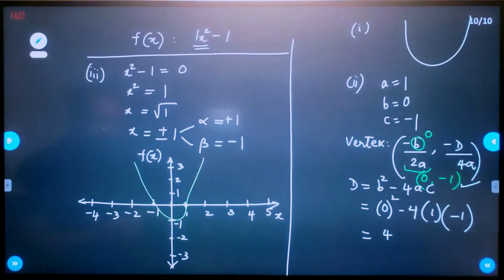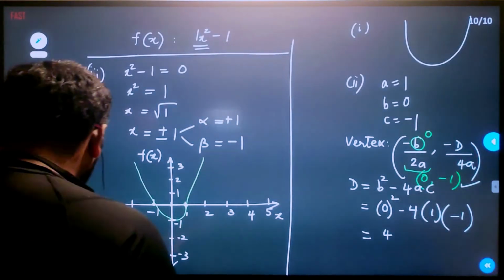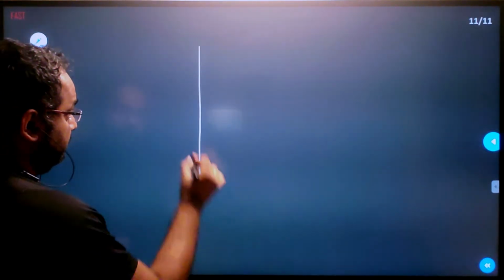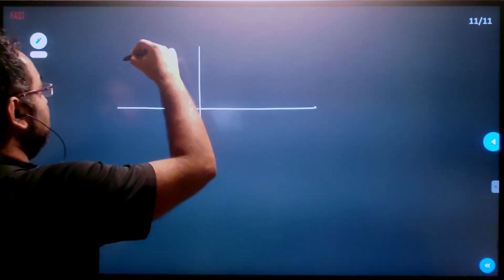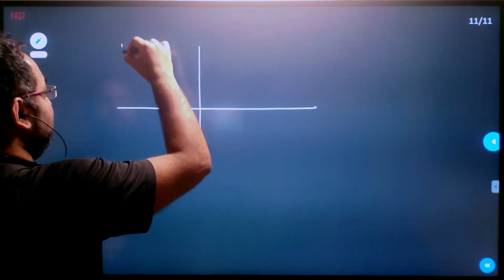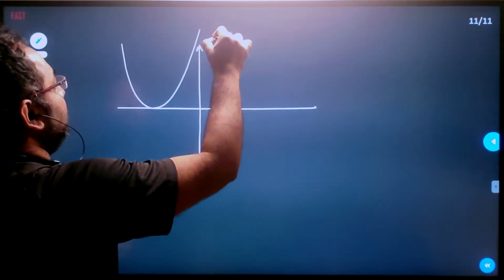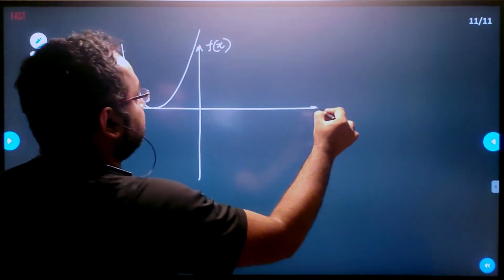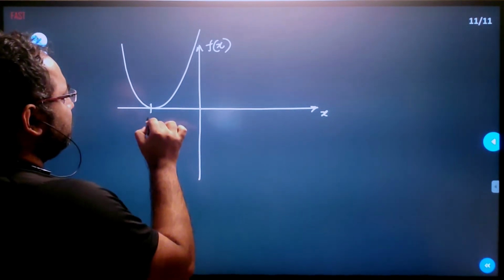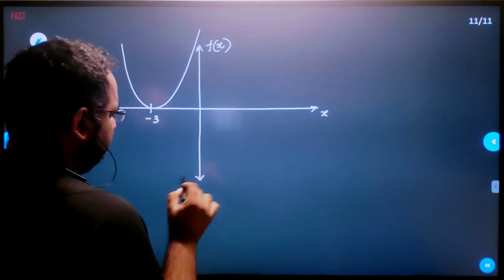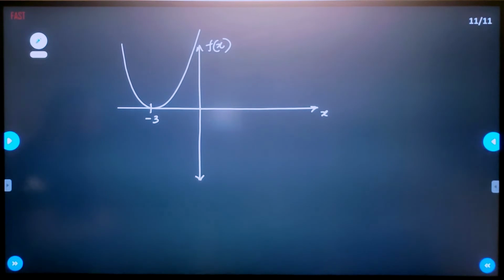Okay. The graph can also look like this. Let's assume I have a graph like this, where this is f of x, and this is x, and let's assume this is some minus 3. Okay?